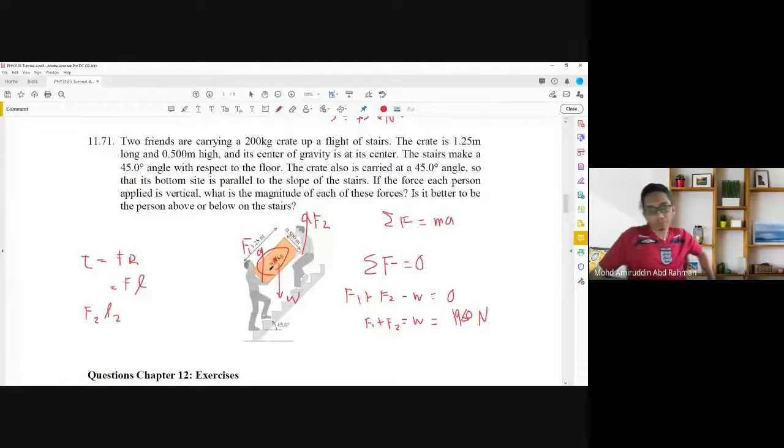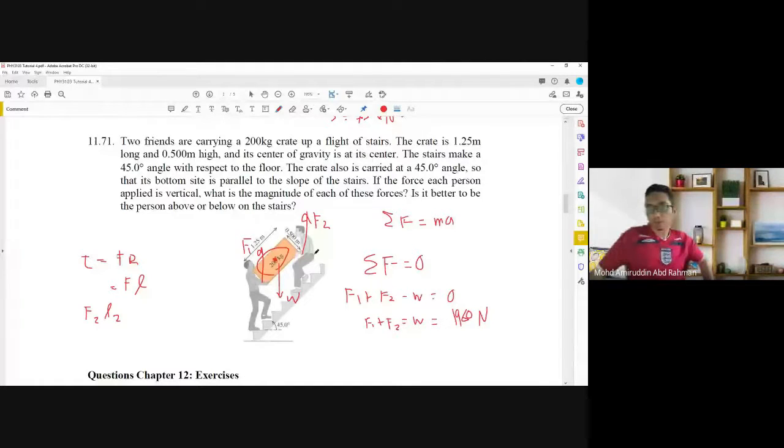Considering that the point is somewhere over here, if you consider the point somewhere over there, then you have only the force F2 over here, because for this one the L will be 0. So when the L is 0 over here, we have only F2 and L2.